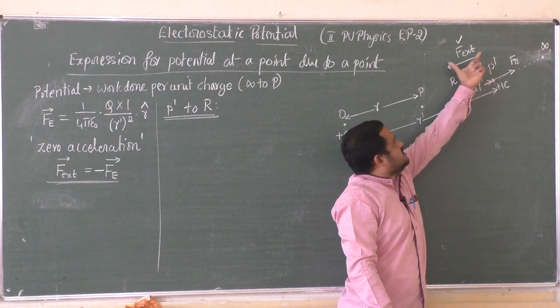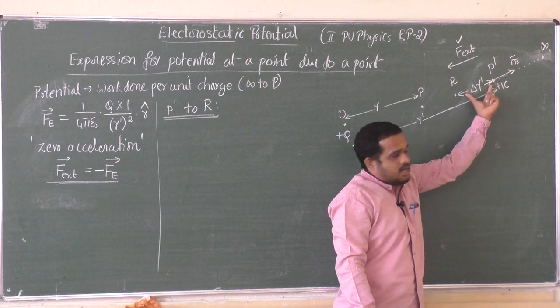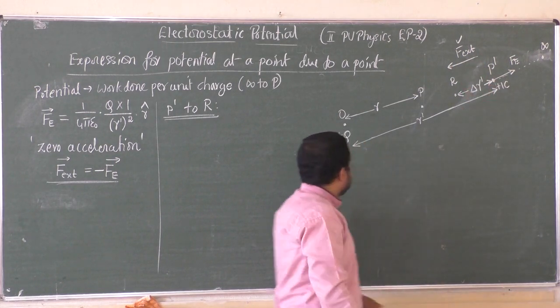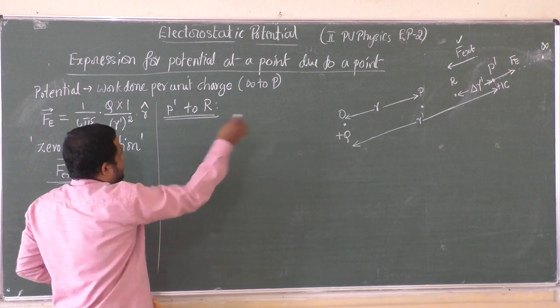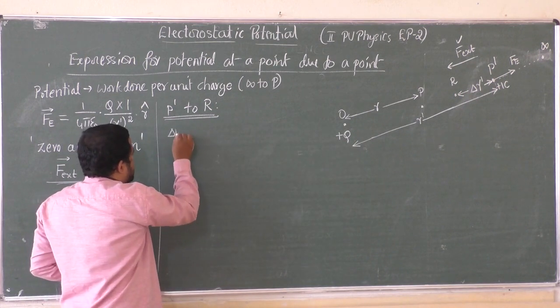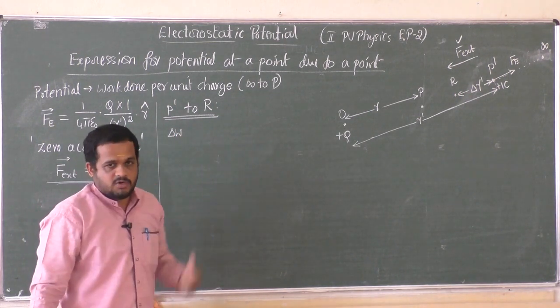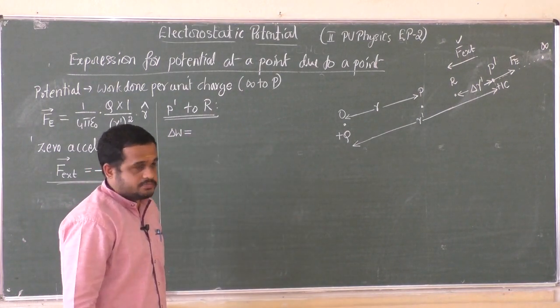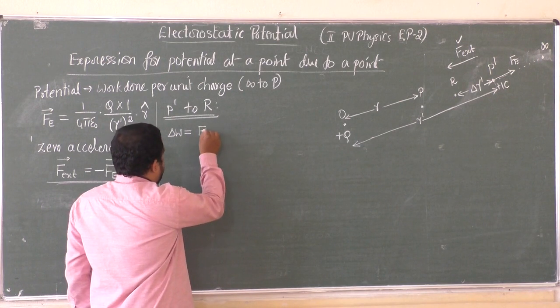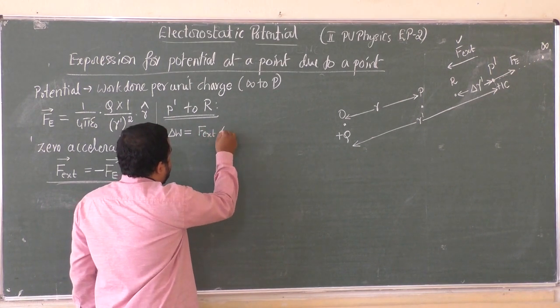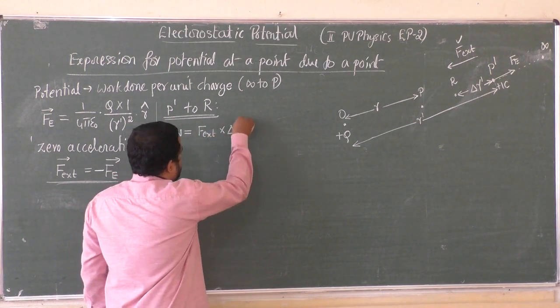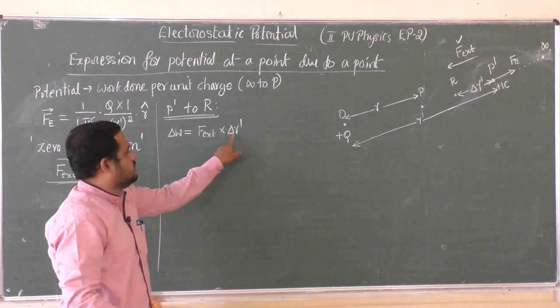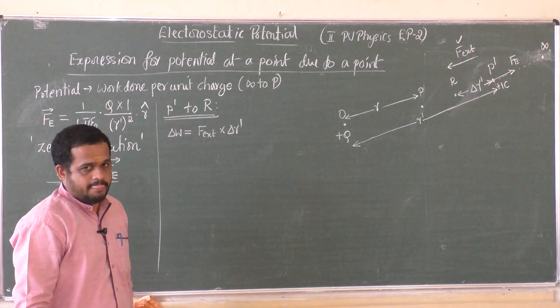So in this case there is a force and a small amount of displacement, therefore the amount of work done in that process, I'll represent it as delta W, because it is a small amount of work done. Delta W is equal to force, that is F external, into displacement, the separation between those 2 points, delta R dash.